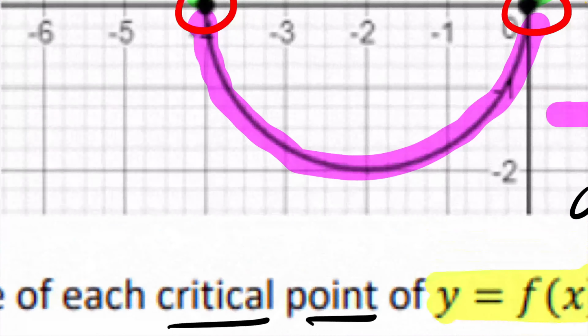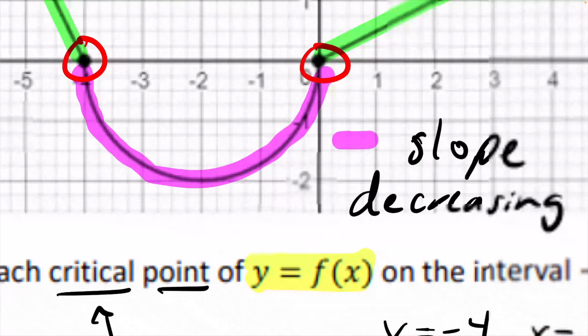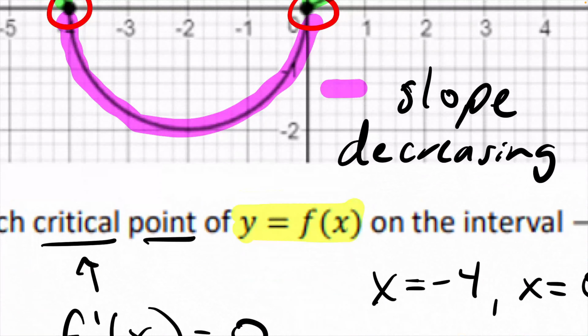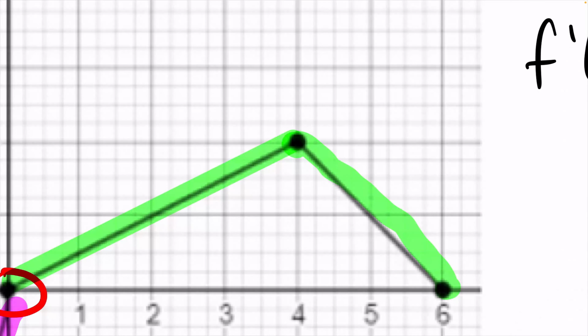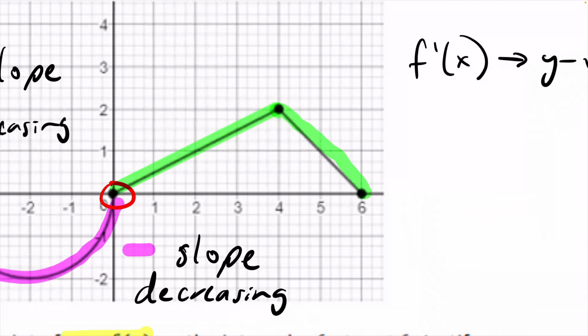Then we go here. These guys are below the x-axis. They are decreasing because they have negative slopes. After 0, positive y values, which mean positive slopes, increasing. Okay?